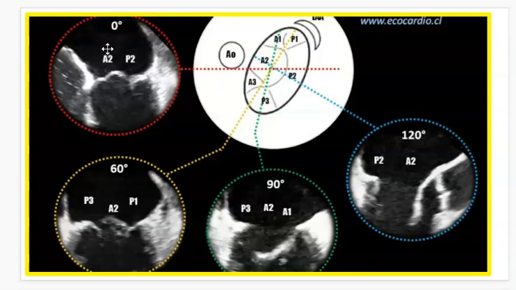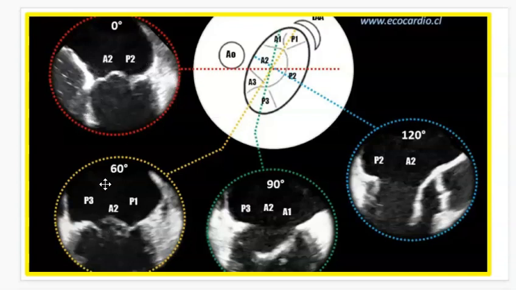And this just shows at the degrees we're at, the mitral valve leaflets we see. As you know, we have A1, A2, A3, P1, P2, P3, and at different angles. At 0 degrees, we're cutting right down through the ventricle, sort of straight through it, anterior, posterior, and you can see we have anterior leaflet A2, P2 here, anterior and posterior here.